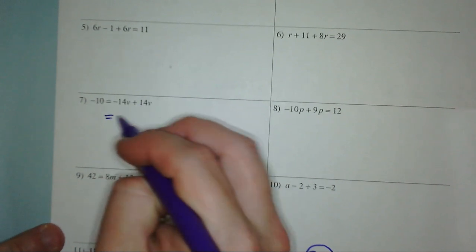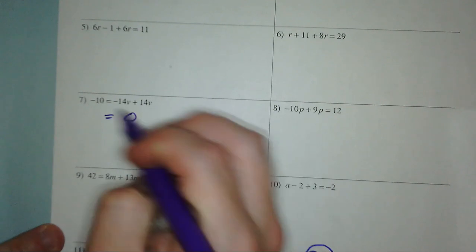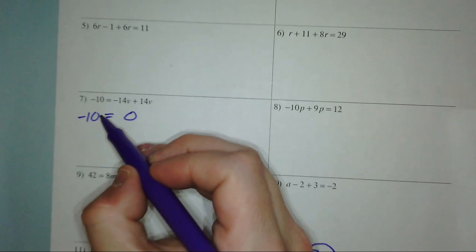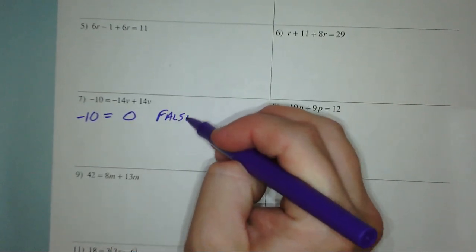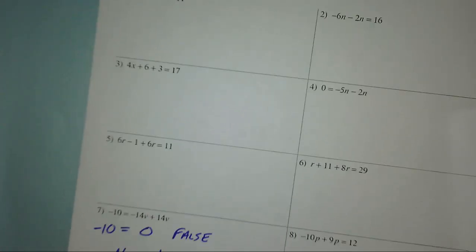So that's gone. Those just combine to be 0. So there's no v's left. It's like 0. And so we have -10 equals 0, which is false. So once again, the final answer here is no solution to homework number 7.